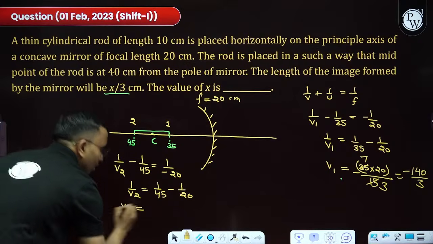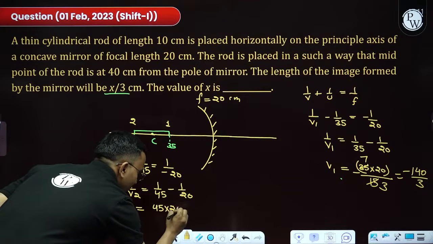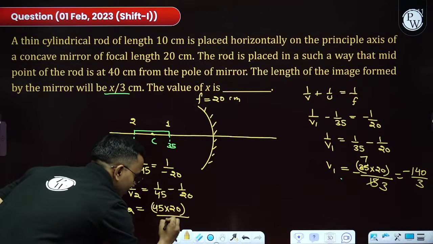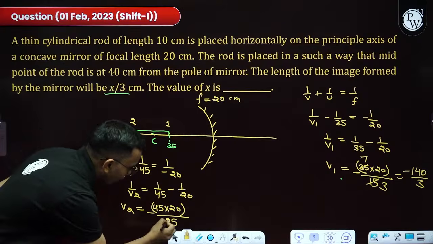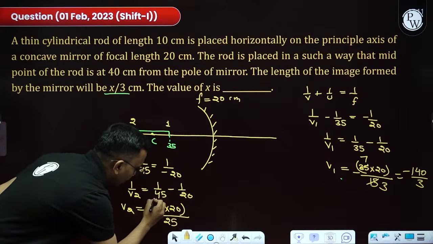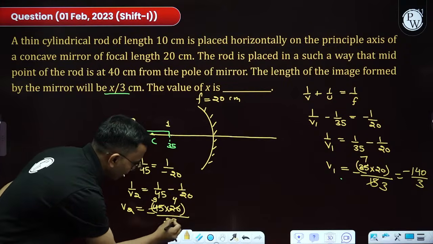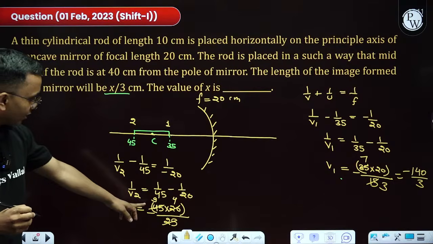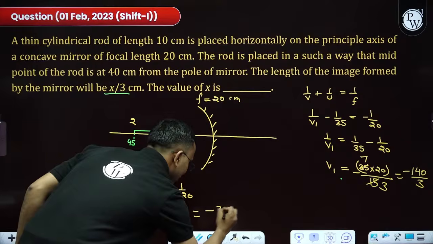So V2 comes out to be 45 into 20 divided by the difference, which is 25, with a negative sign. Now 5 into 9, 5 into 4. What is it? Minus 36.